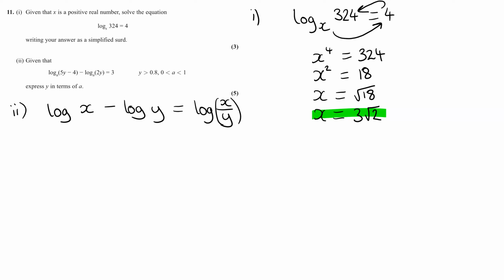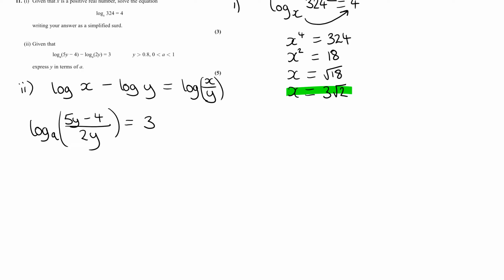So it's taking these two logs and combining them into one single log using that second law of logarithms with the subtraction. So this left-hand side, log 5y minus 4 minus log 2y, I can combine into log of 5y minus 4 over 2y, and that will just equal 3. I can use that as long as I'm working in the same base.